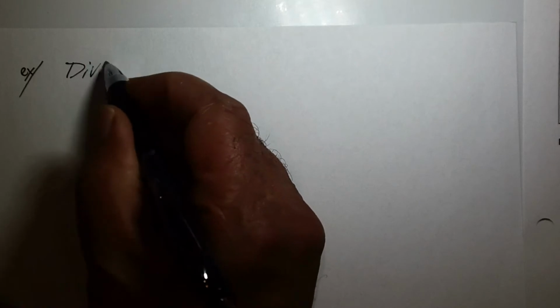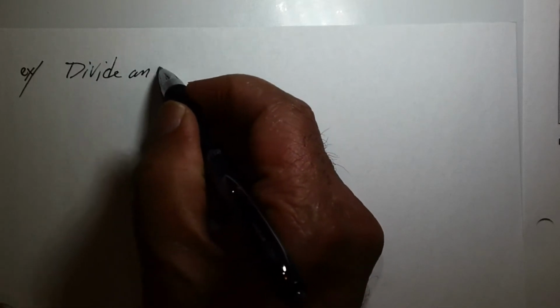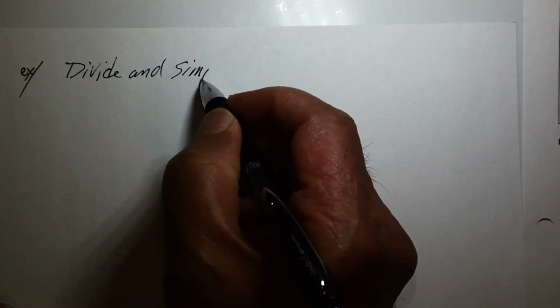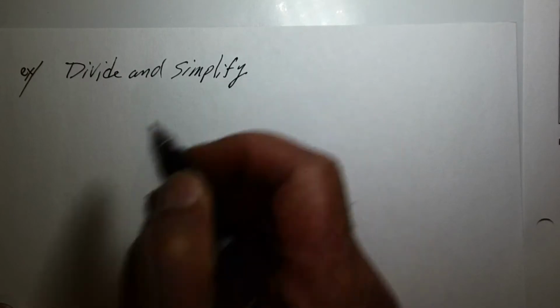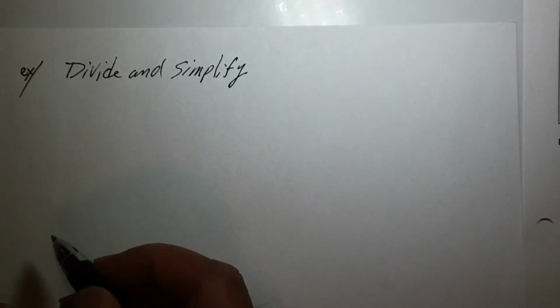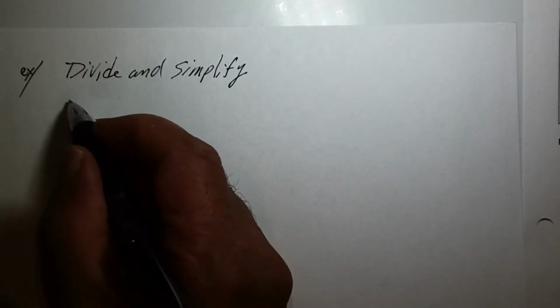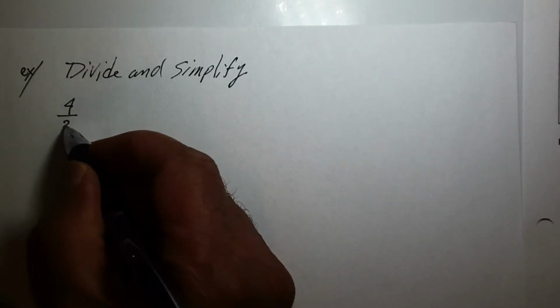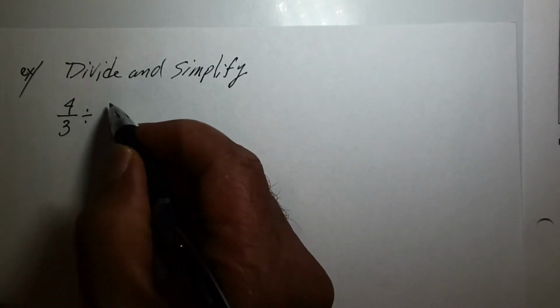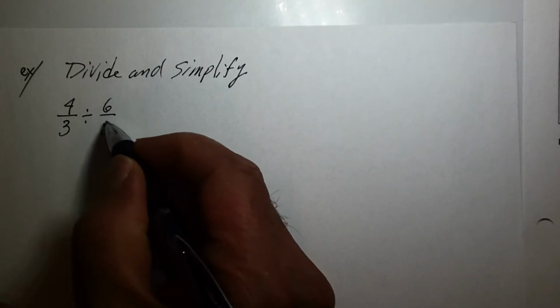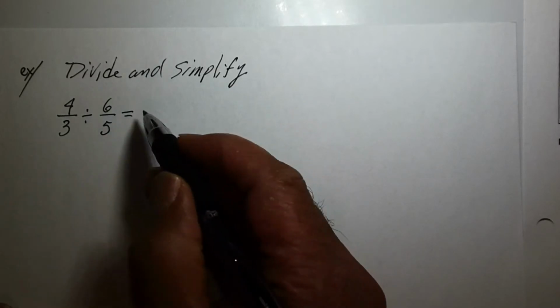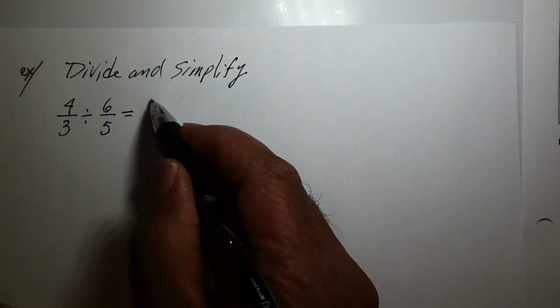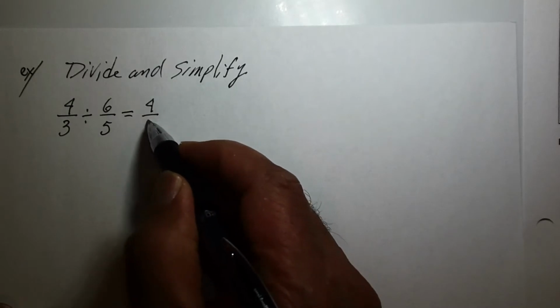Example. Divide and simplify. 4 over 3 divided by 6 over 5. We keep the first fraction.